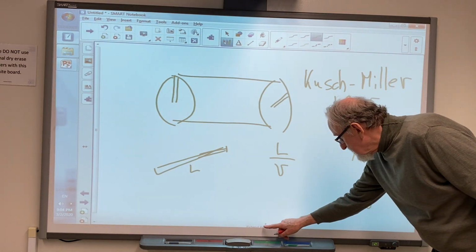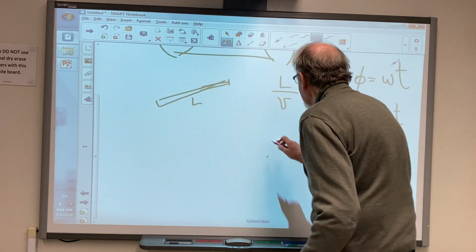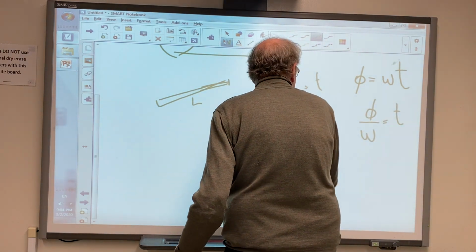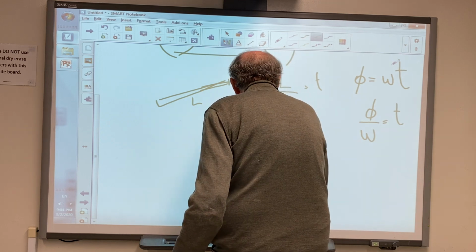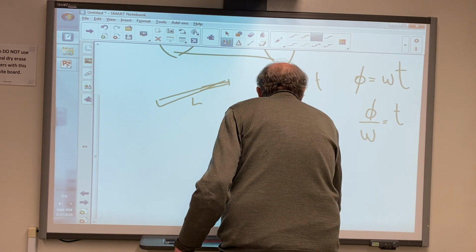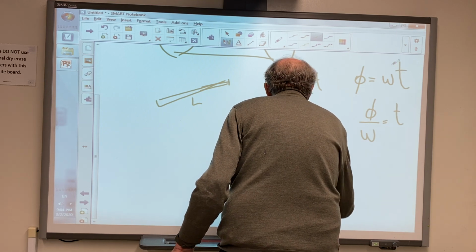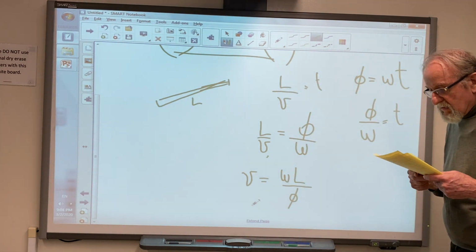So you see, if you put these together, this is the time. What you are saying is that L over v has to be equal to phi over omega, or in other words, that the velocity of the molecule will be omega L over phi. Okay? Did I write it right?